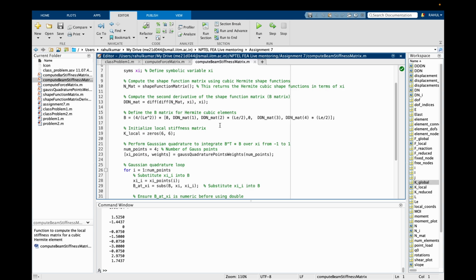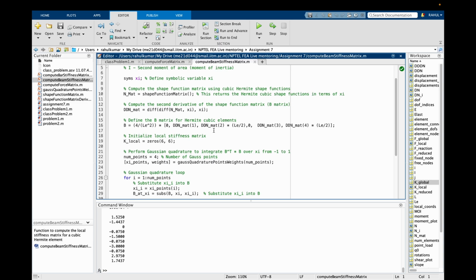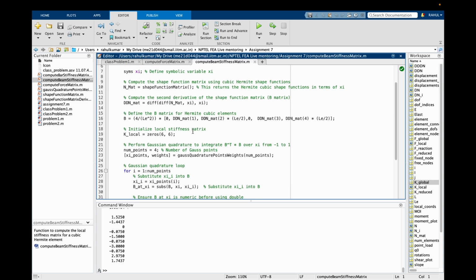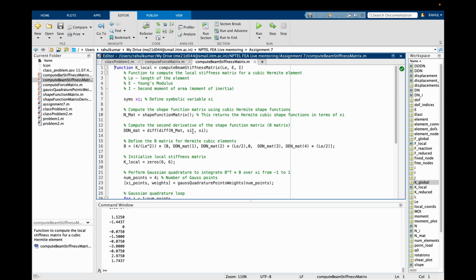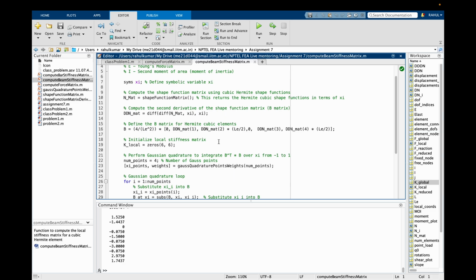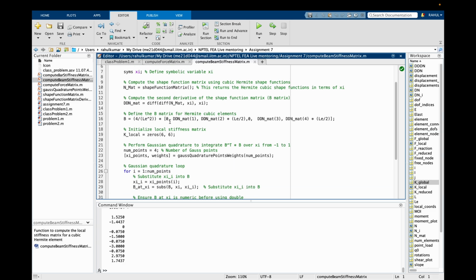Earlier, when I was using only the beam problem, you saw that the first element was not 0. But here, this compute beam stiffness matrix is 6 by 6, because we already know that the displacement in the x direction, if you treat it as a beam, will be 0.